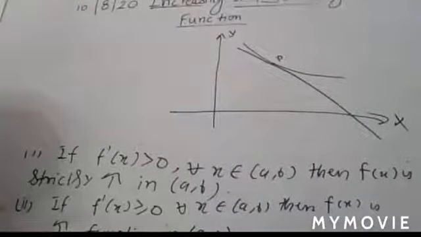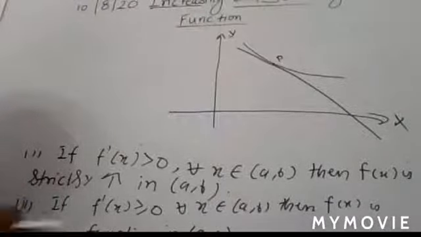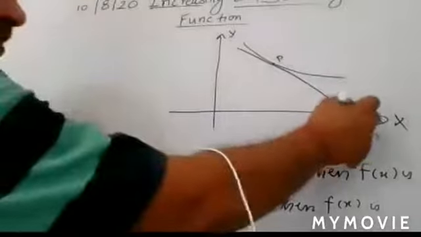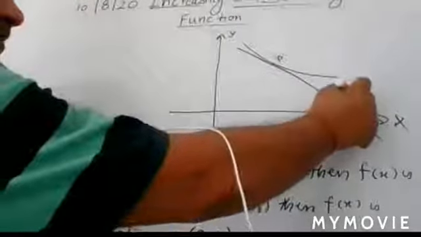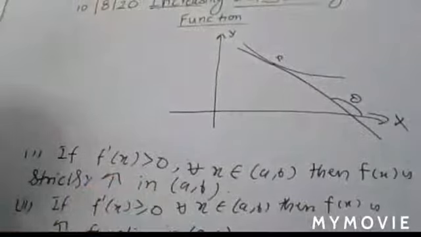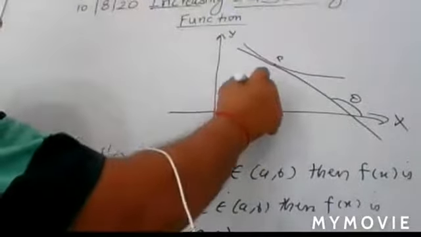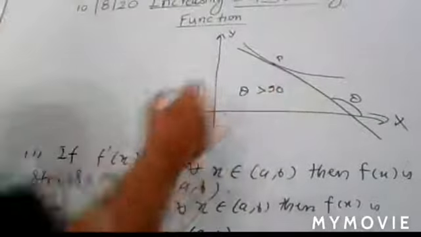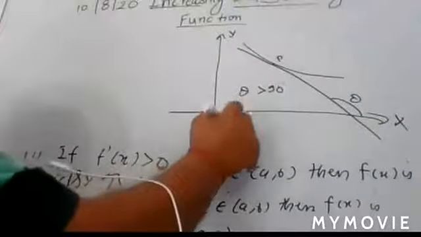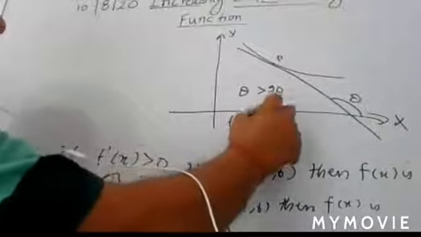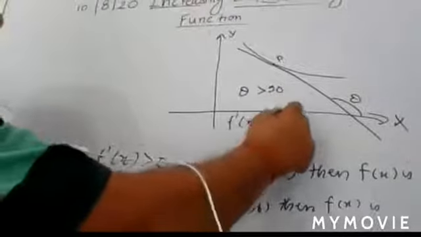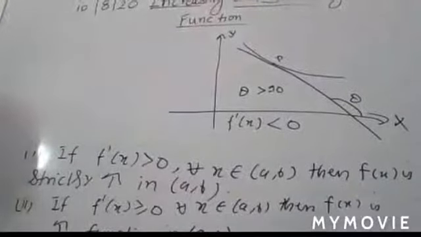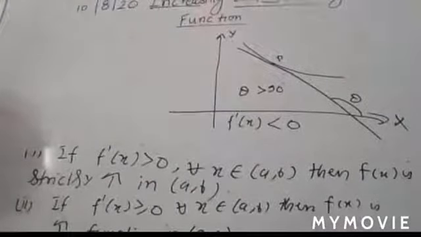The slope of the tangent is the tan of the angle it makes with the positive direction of the x-axis. That angle, in the anti-clockwise direction taken as theta, is an obtuse angle, so theta is greater than 90 degrees. What does it mean? F dash x is less than 0, because an obtuse angle means the value of tan becomes negative. That's why you take f dash x less than 0.